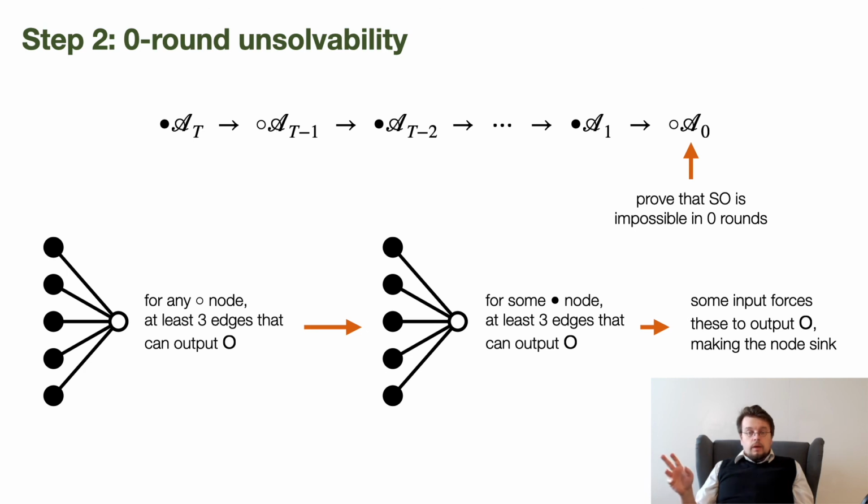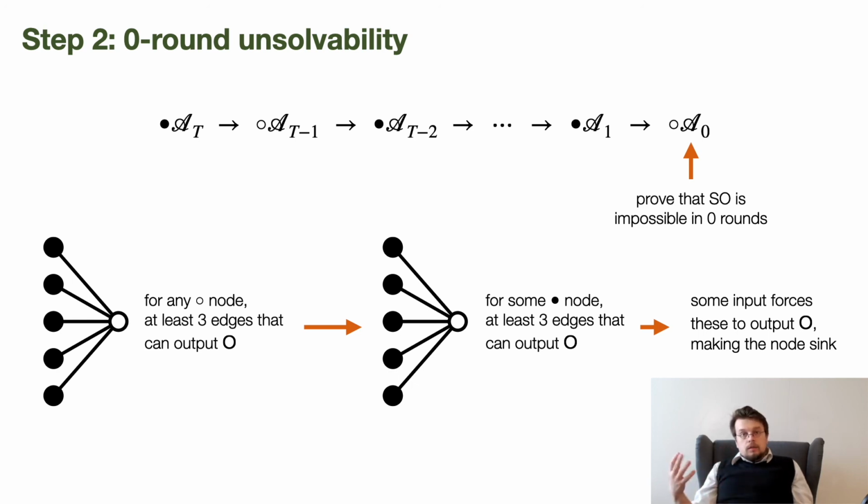So basically what happens here is that you look at any white node, assuming that the zero-round algorithm is a white algorithm, and then by elementary observation you can see that there must be at least 3 incident edges to this white node that can output O on some input, so orienting this edge away from this node.